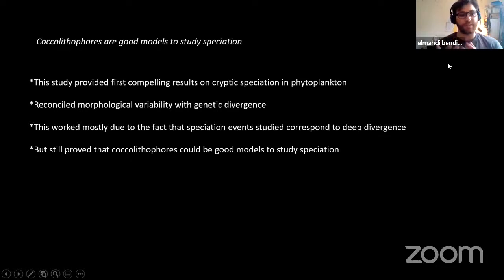It was reconciling morphological variability with genetic divergence. The luck in that work was mostly due to the fact that those speciation events were corresponding to deep divergence. 1 million years, 2 million years is not 300,000 years. So this study proved that coccolithophores could be a good model to study speciation.